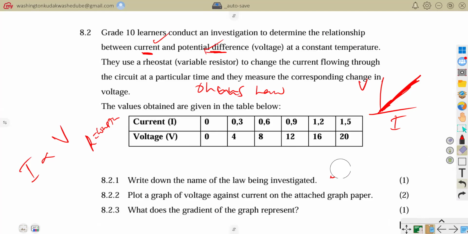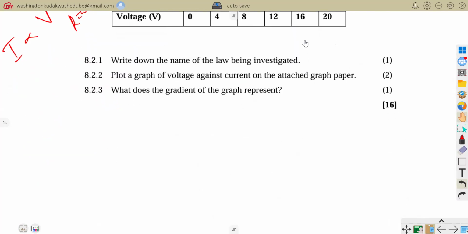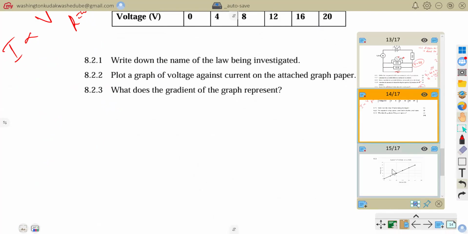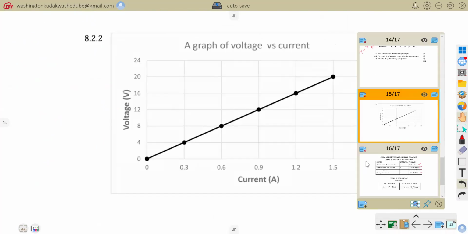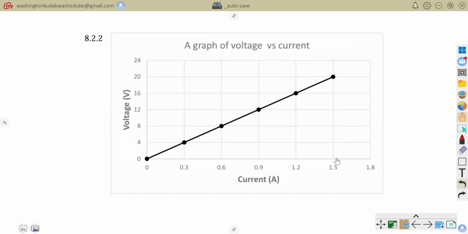Let me just illustrate like I've done on the previous graph. Let me check if I have that graph here. Yes, because this is just simple and straightforward. So this is the graph.